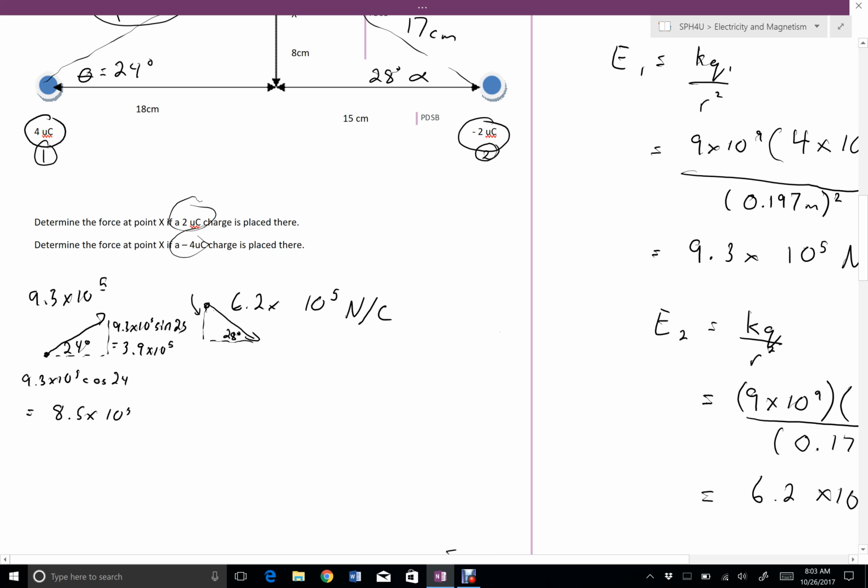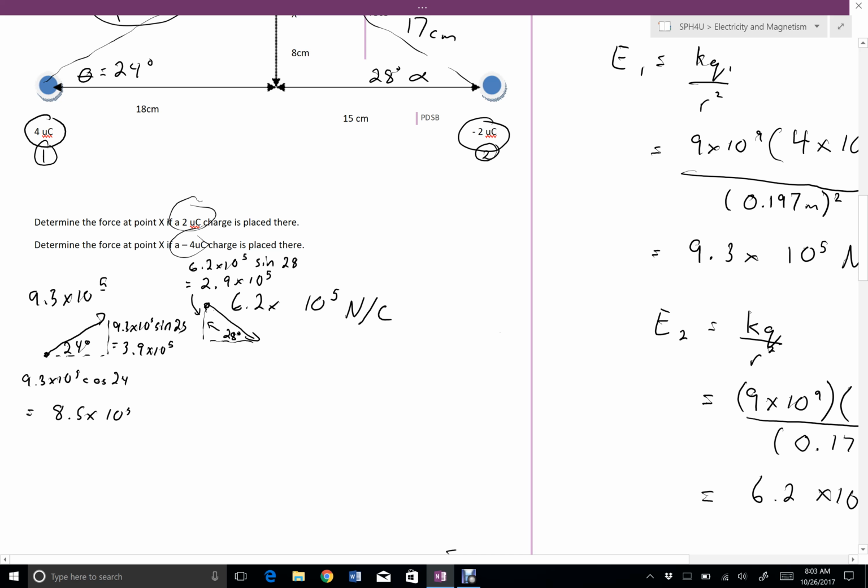This guy, I haven't left myself enough space here, so I'll do it up here, is 6.2 times 10 to the 5. And that's on the opposite side, so that's going to be the sine of 28. So I have 2.9 times 10 to the 5 for that component.